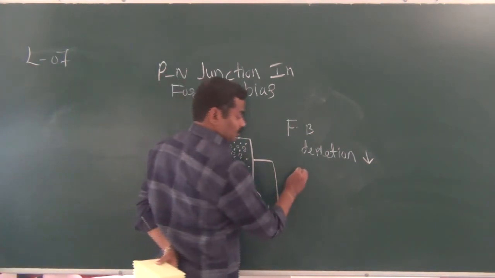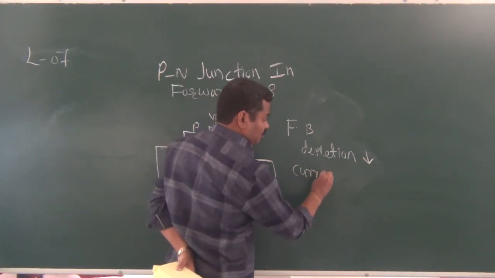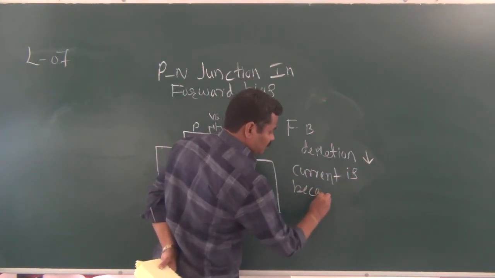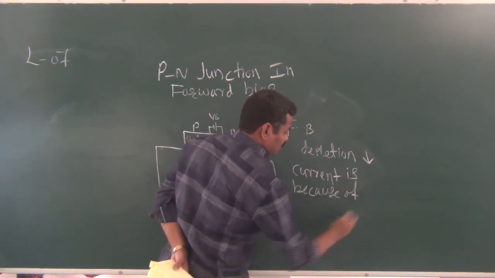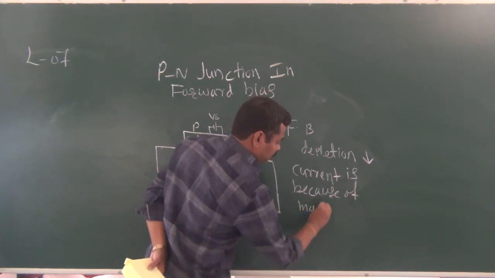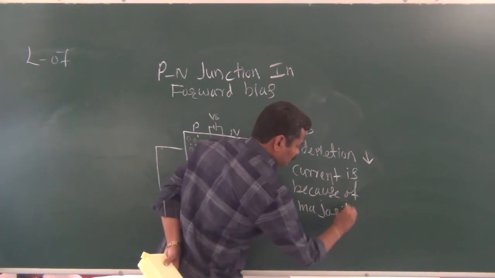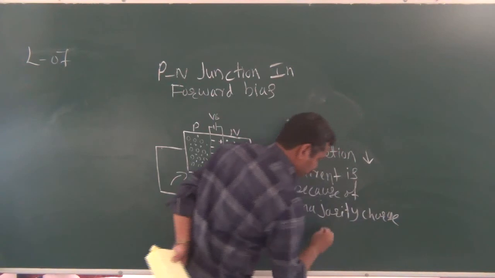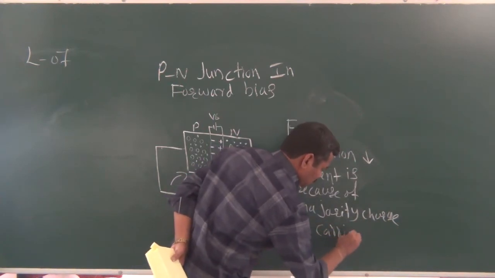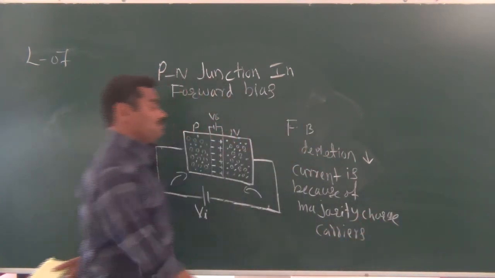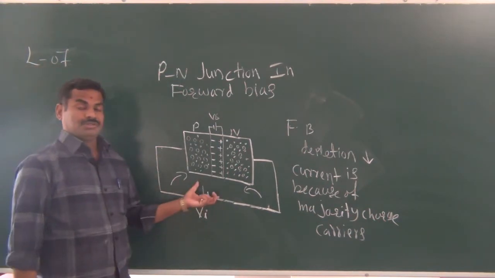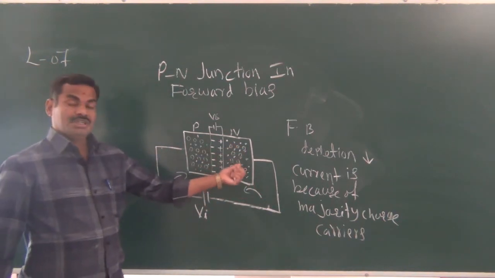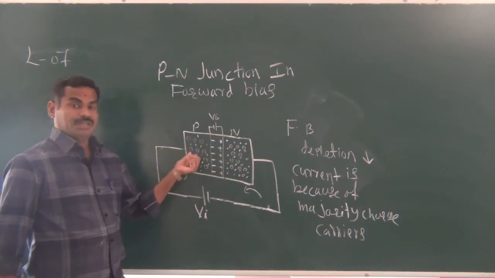Yes, electrons are majority carriers in the N type and holes are majority carriers in the P type.